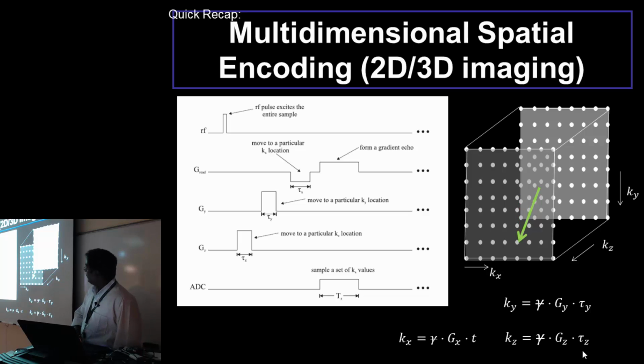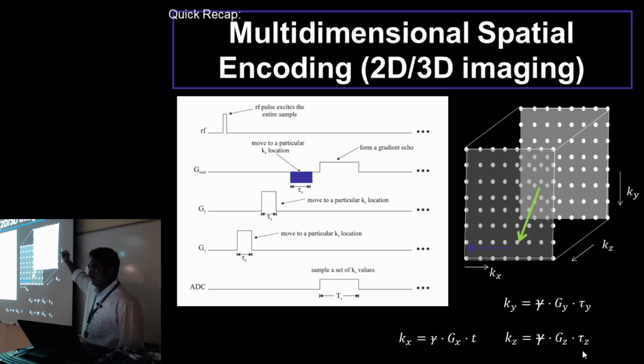Once you're there, along the x direction you can do a few things, but in what's shown in the diagram, first you're going through one end of the K-space. So that's how you're applying the gradient. By applying those gradients you're moving through the K-space.